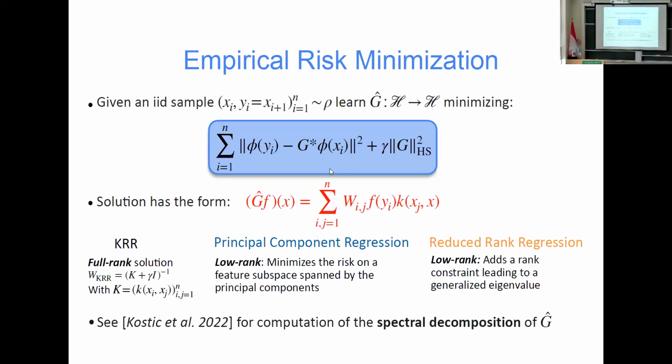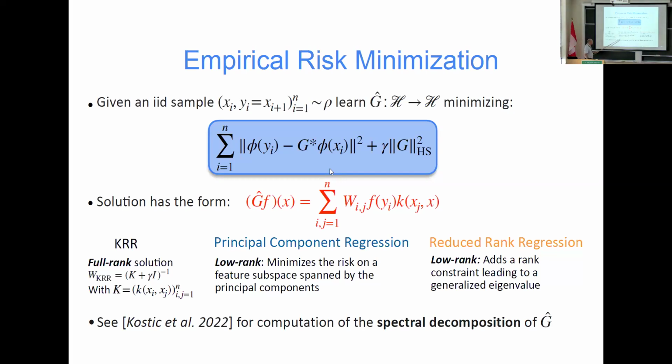And then you have different algorithms or different estimators within this general class of empirical risk minimization estimators. Of course there is kernel ridge regression, which is a very famous estimator, which is exactly this: minimize this over G. Then there is principal component regression, which is similar to DMD and extended DMD.